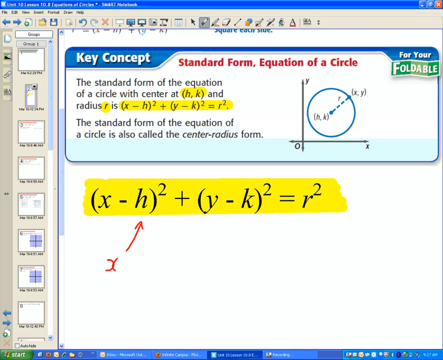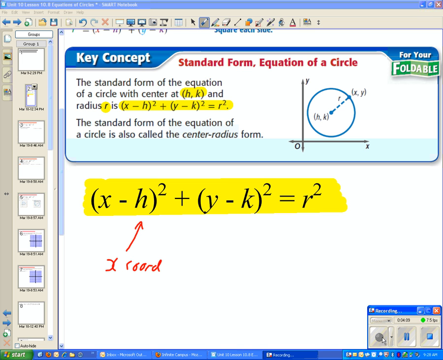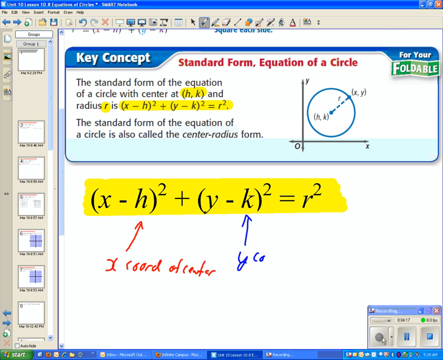So h is the x-coordinate of the center. k is the y-coordinate of the center. And r is the radius. You probably could guess r. So that's what everything stands for. And that's called standard form. It says it's also called the center radius form. I've never heard that in my life except for right then. That's the first time I've ever said it. So it's called standard form for an equation of a circle.